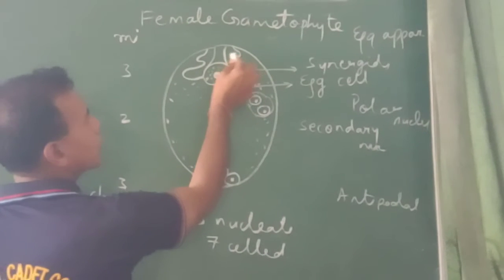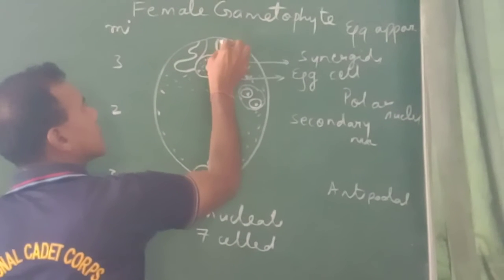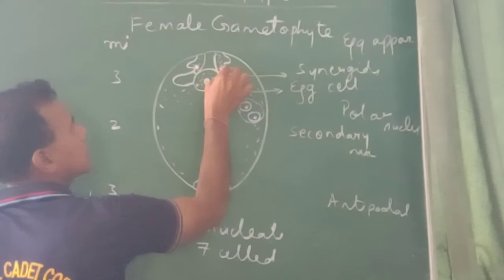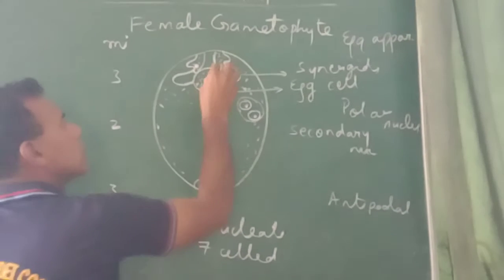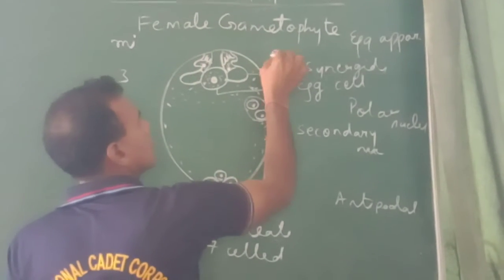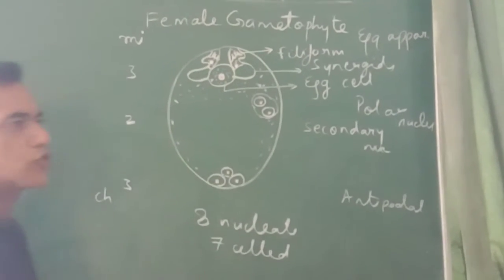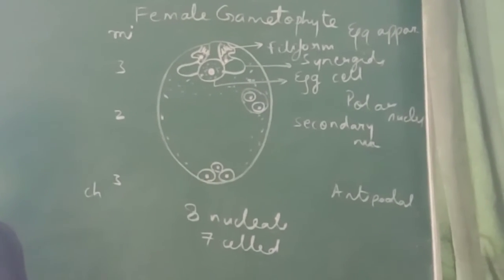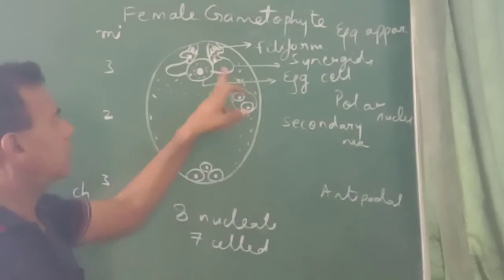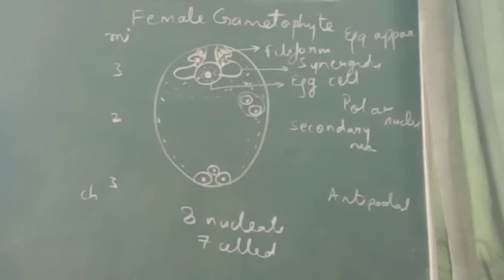These are hooked structures and they have cytoplasm on the upper side. Along with the nucleus, these synergids have a glandular filiform apparatus, as I am drawing here, the function of which is to secrete chemicals which attract the pollen tube towards it. The synergids help in bursting of the pollen tube.